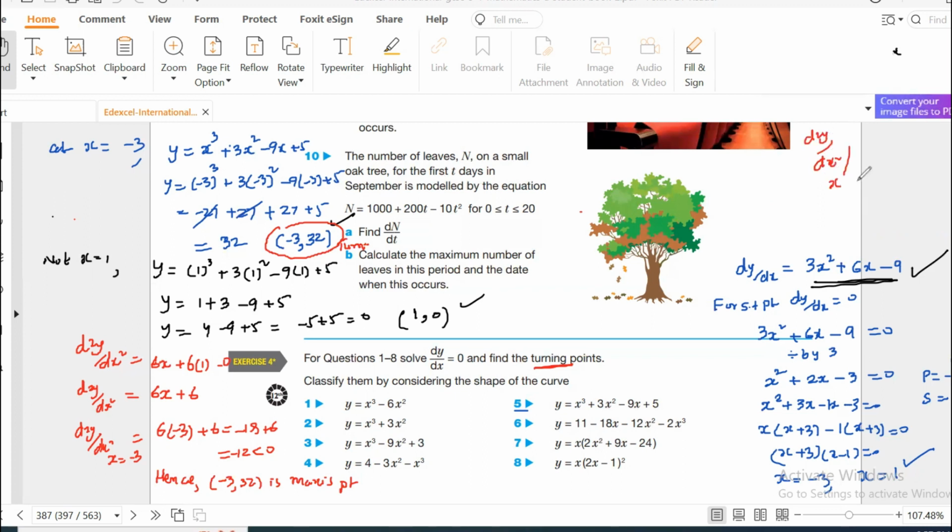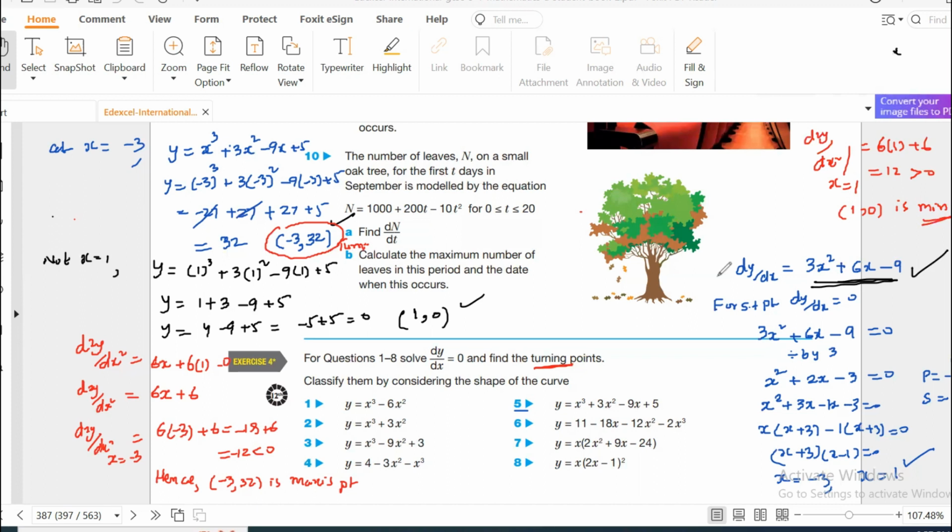I'm checking at x is equal to 1. We have 6 bracket open 1 plus 6, so 6 plus 6, 12. 12 is greater than 0. So if the second derivative is greater than 0, it means the required point, which is 1 comma 0, is a minimum.